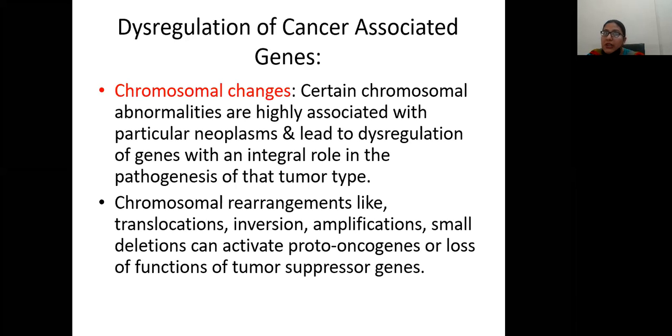Chromosomal rearrangements like translocation, inversion, amplification, and small deletion can activate a proto-oncogene or cause loss of function of a tumor suppressor gene.